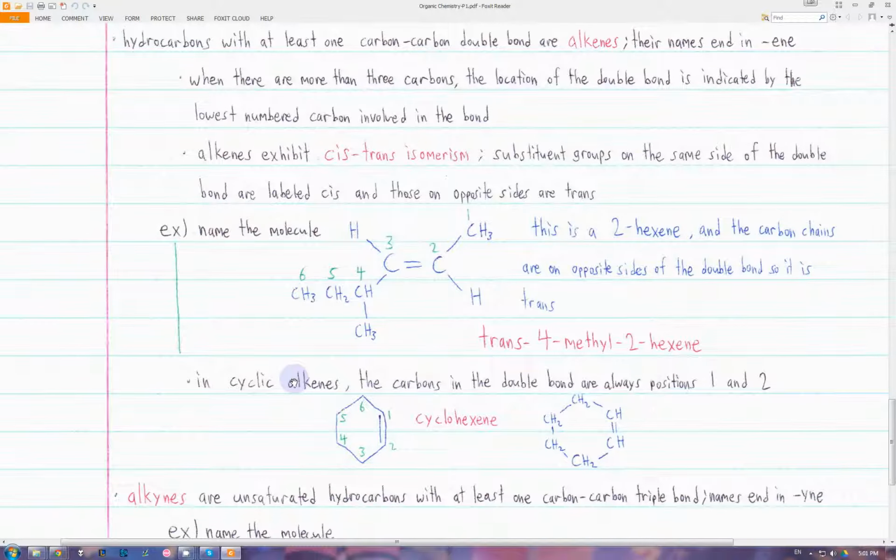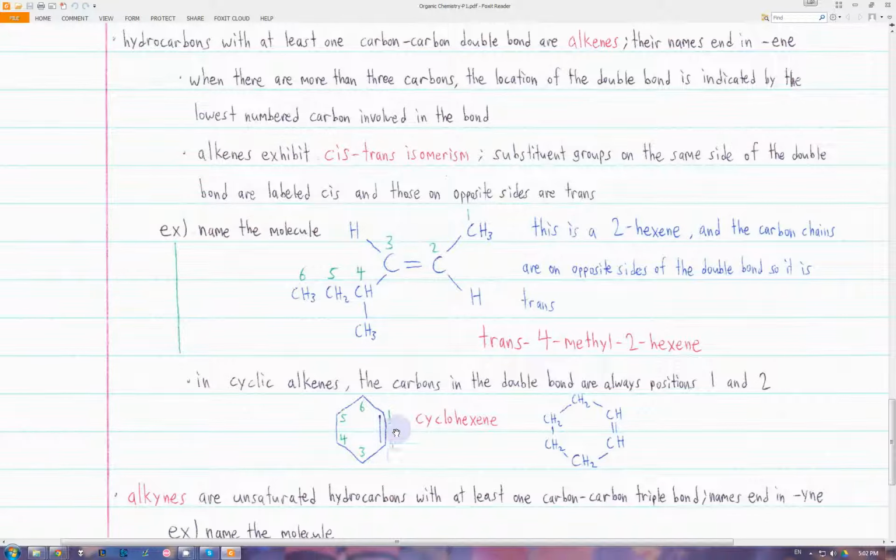And we can also have cyclic alkenes, which is just a ring of carbons where one of the bonds is a double bond. So we represent the position of the double bond with an extra line on the side of the shape. And when we're numbering a cyclic alkene, the carbons in the double bond always have to be at positions 1 and 2.